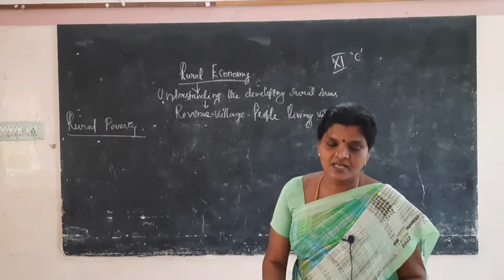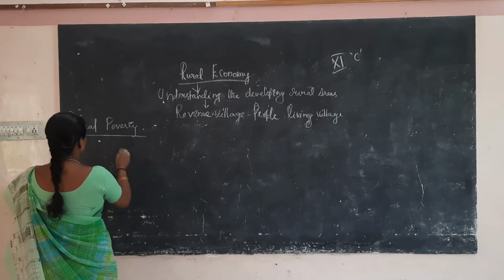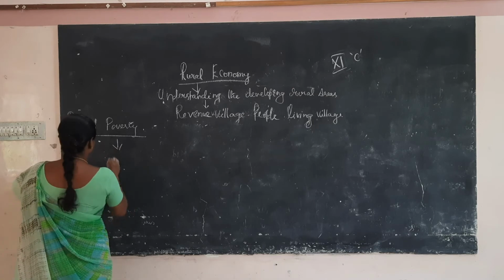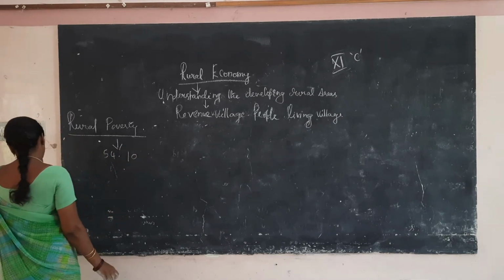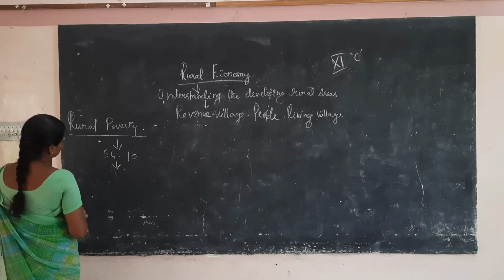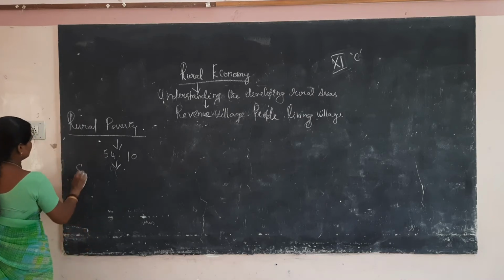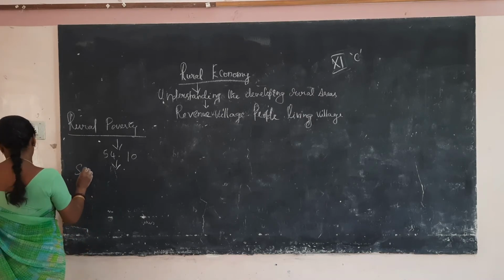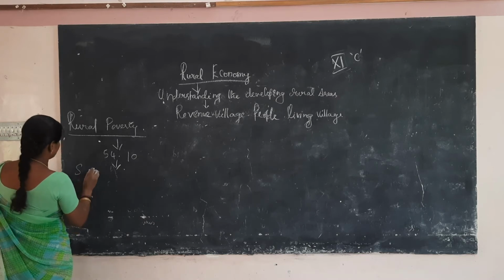As per the Planning Commission, the percentage of people living below the poverty line is 54.10. Among the poorest, the scheduled castes and tribes in the rural areas suffer a lot.